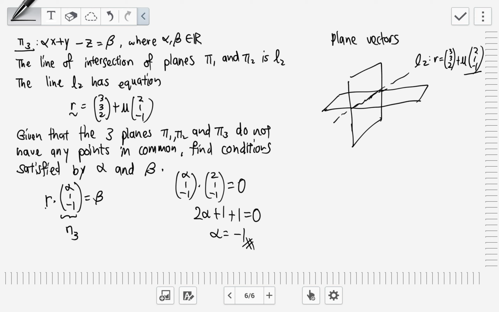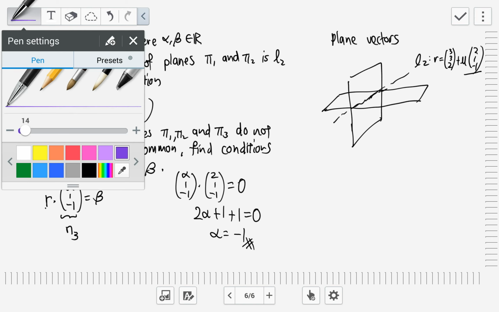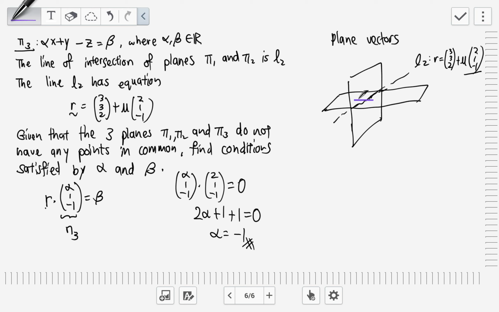The reason to emphasize why the normal of plane 3 must be perpendicular to the direction vector of this line is this: as long as the normal of the third plane is perpendicular to this line, the plane will not intersect at a point with the first two planes.